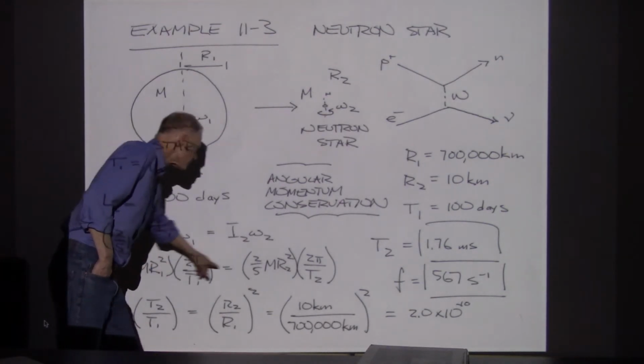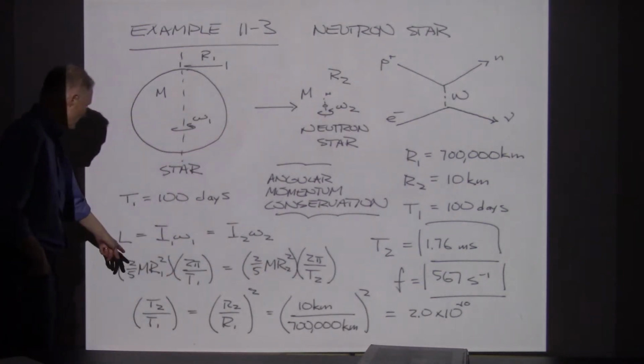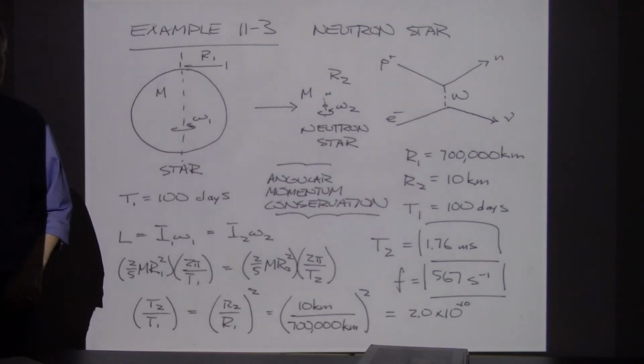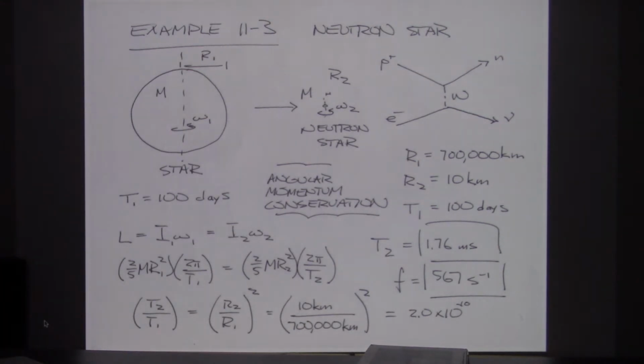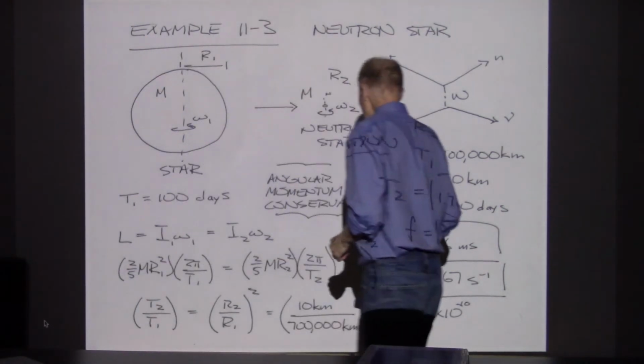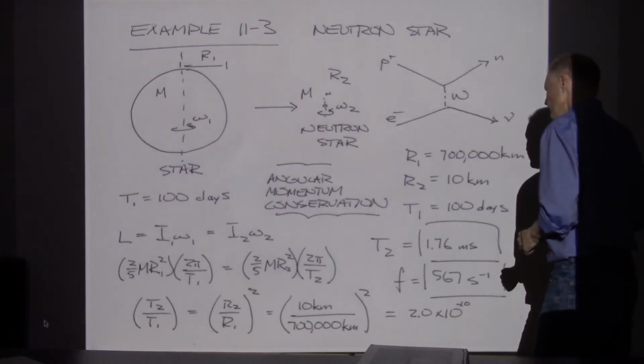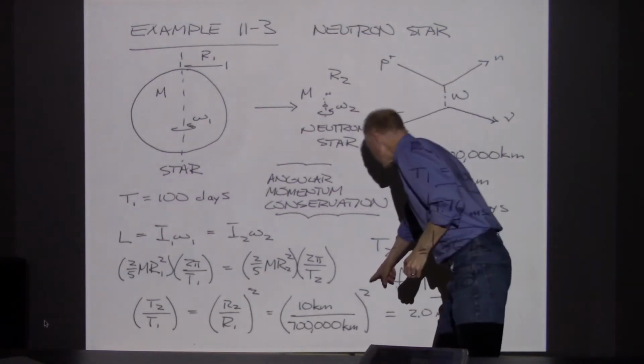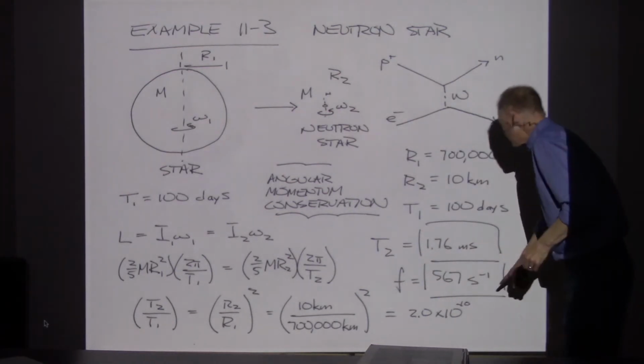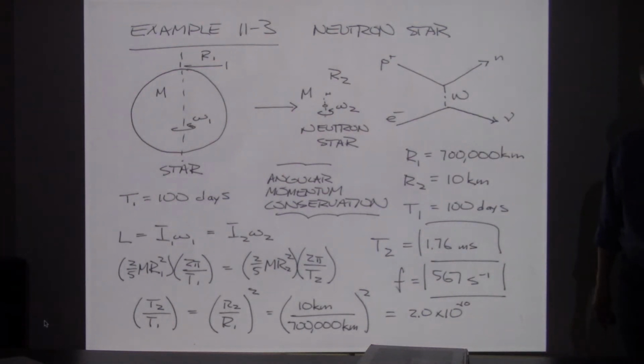We can take the R1 squared and bring it over here. So it says that T2 over T1, the periods, are going to be proportional to R2 over R1 squared. And so when we look at this, the period is going to decrease by a factor of 2 times 10 to the minus 10. The period is going to decrease by 20 billion times.